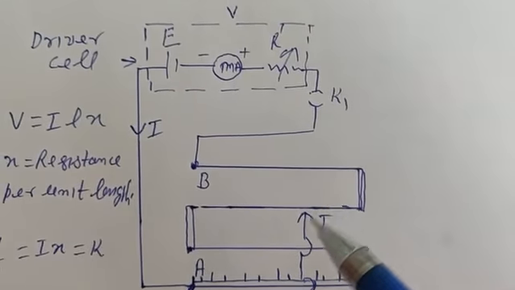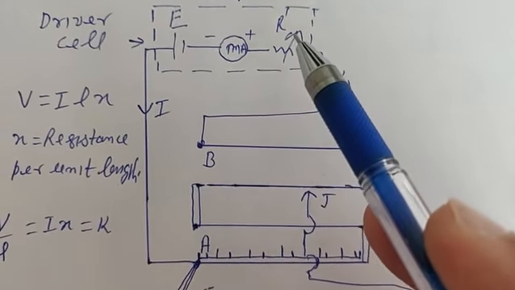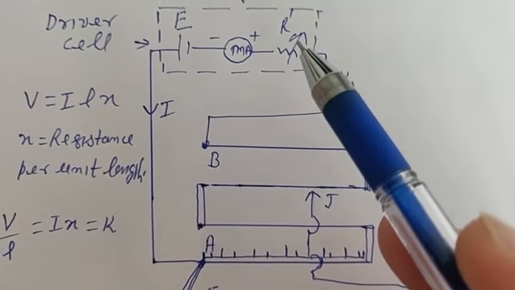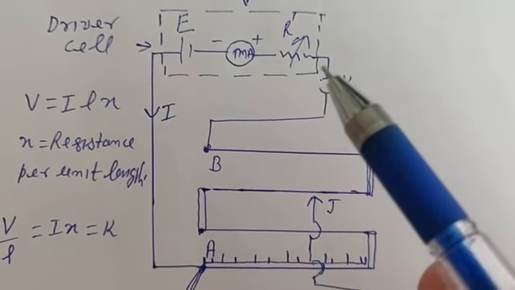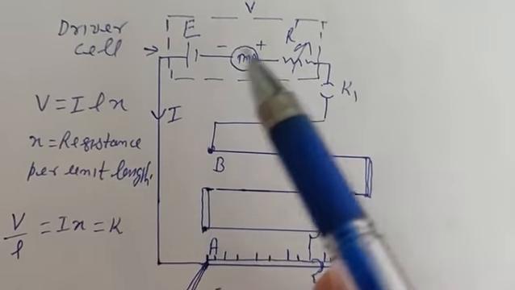If we change R prime, suppose we increase this R prime, then the resistance in the circuit will increase. So what will happen? Current will decrease.